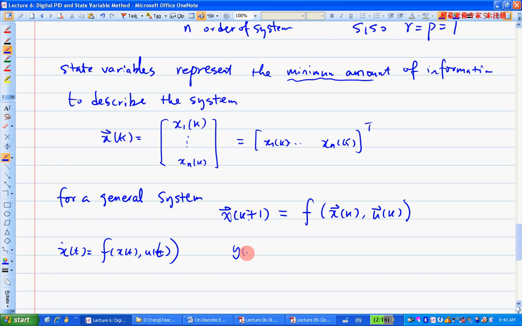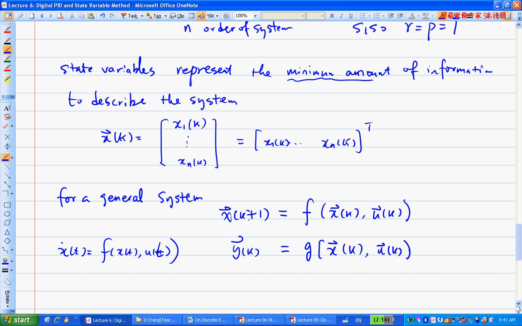And you also have the output here. The output can also be written as a function of the state variable and input vectors.